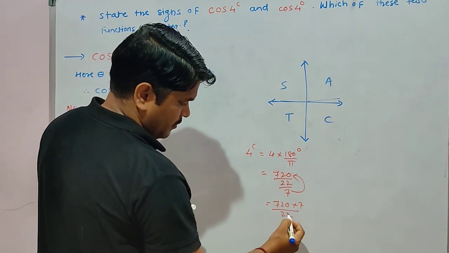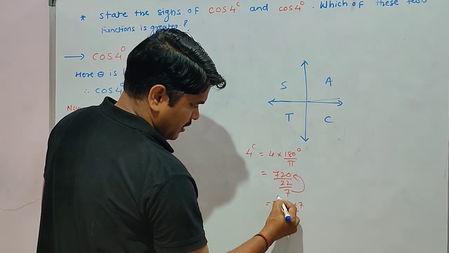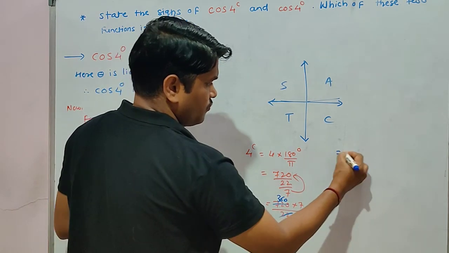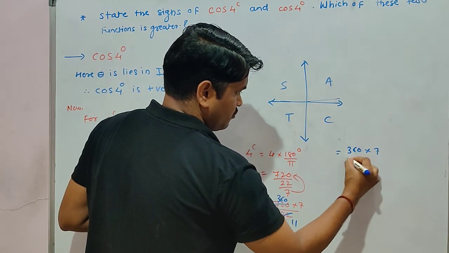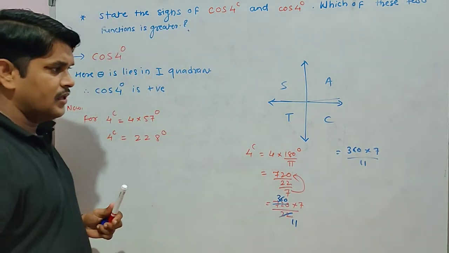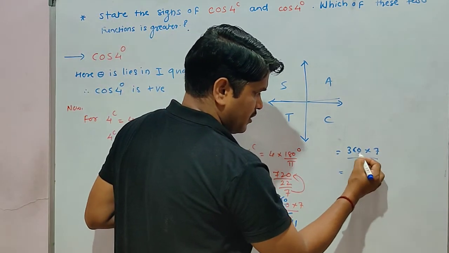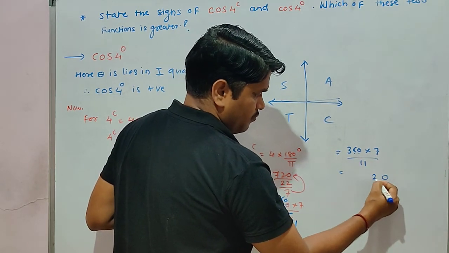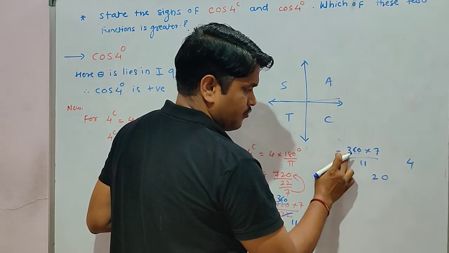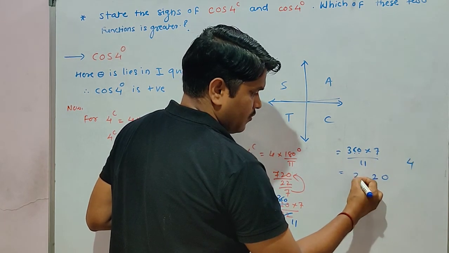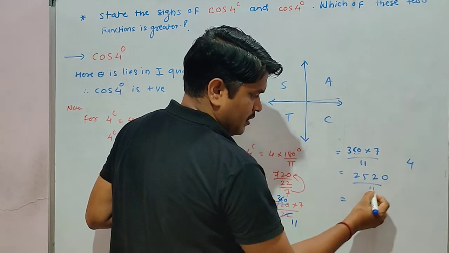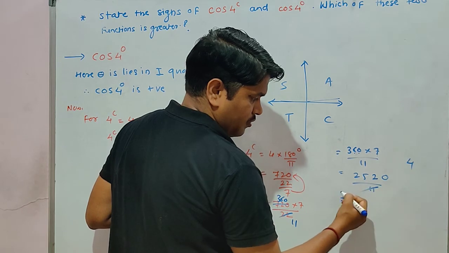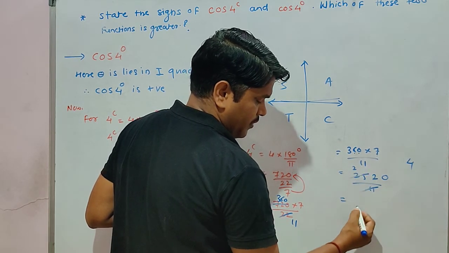Dividing by 2, we get 360 into 7 divided by 11. Multiplying, 7 times 6 is 42, carry 4, 7 threes are 21, plus 4 is 25. Now divide by 11.